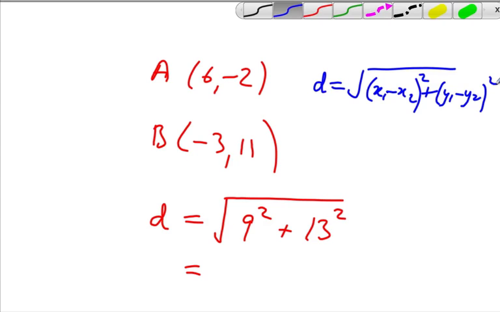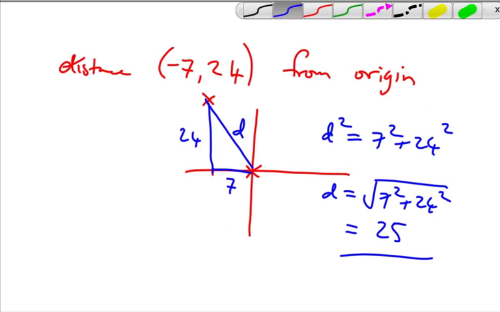Just do that, just like I did before. 6 take away that's 9, 9 squared. Negative 2 take away that is negative 13 squared. And then work it out, okay? In other words, there's no geometry there. There's no triangles really. There's just a couple of points in two-dimensional space, and we just use a formula to come up with a distance, and it doesn't really have any geometrical sort of sense or context.